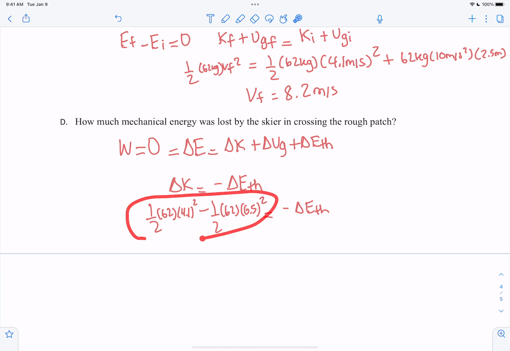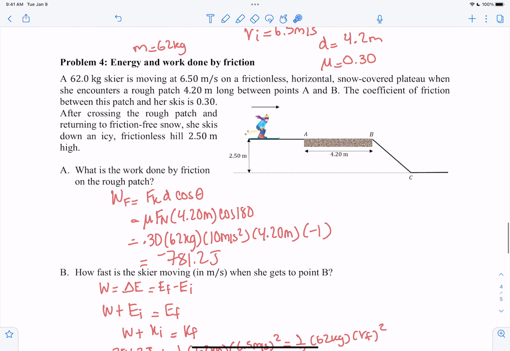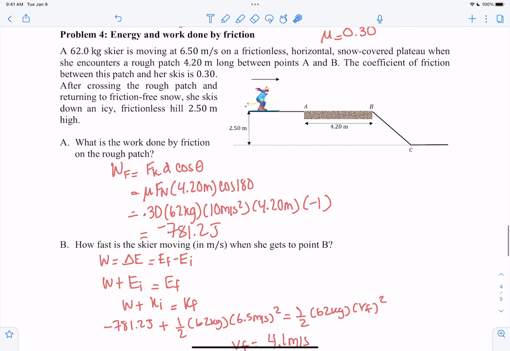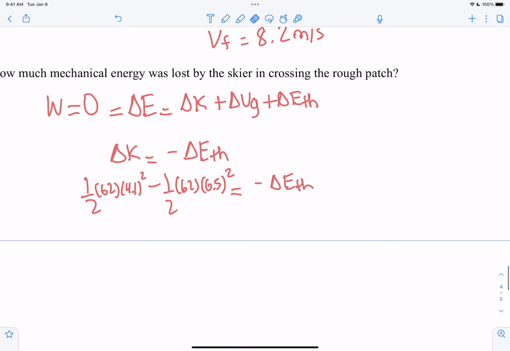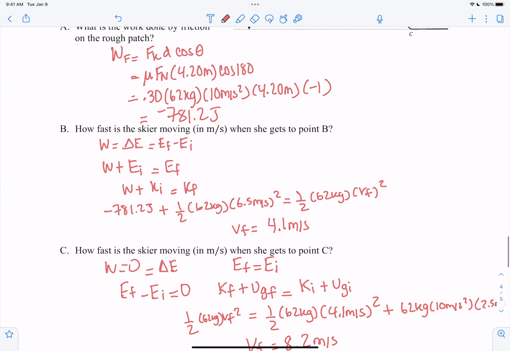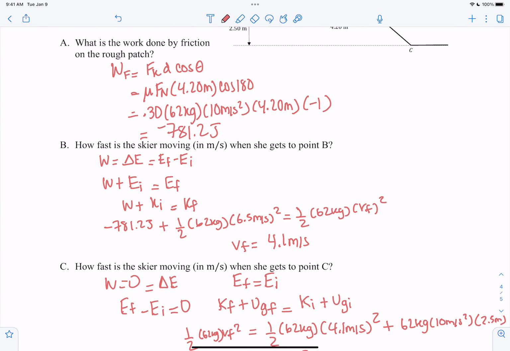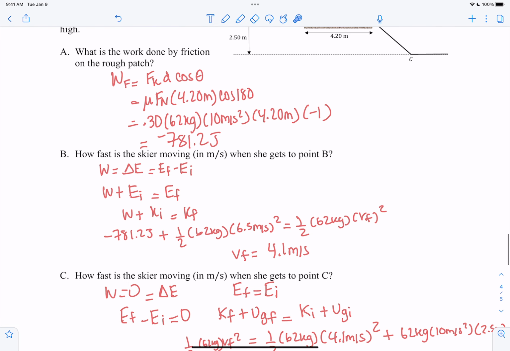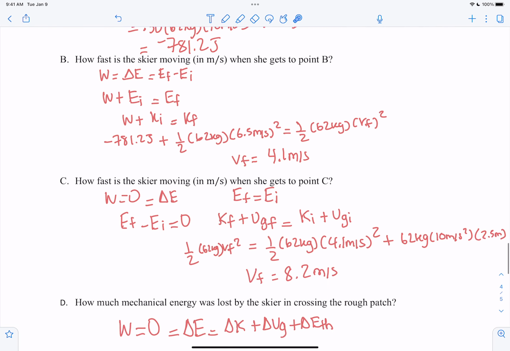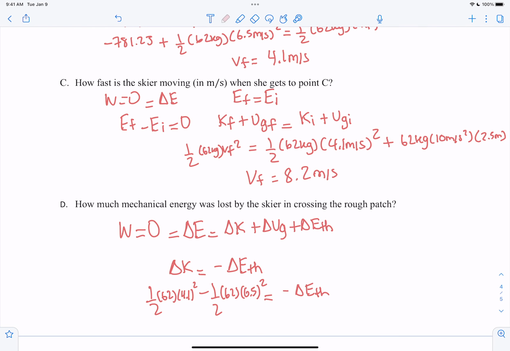So finding the change in kinetic energy here, there should be a decrease in kinetic energy because of that rough patch. It takes away from the system. And so then that should be equal to really what we got here, the work. Because the work due to that frictional patch should be equal to the thermal energy.